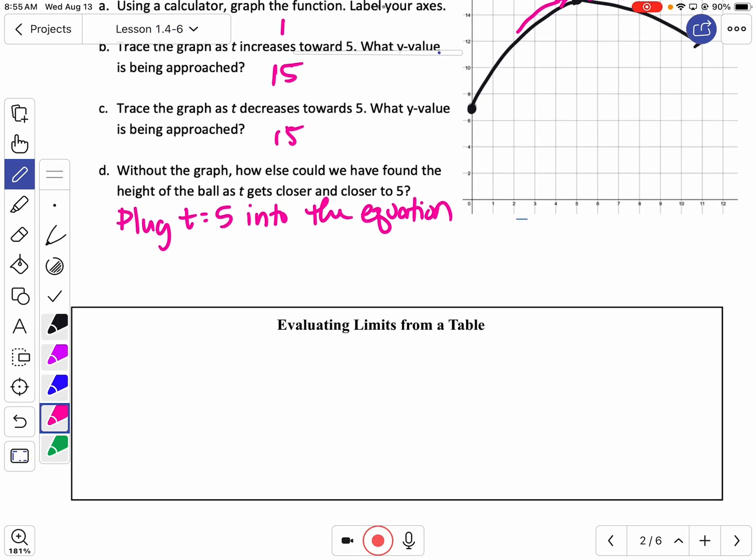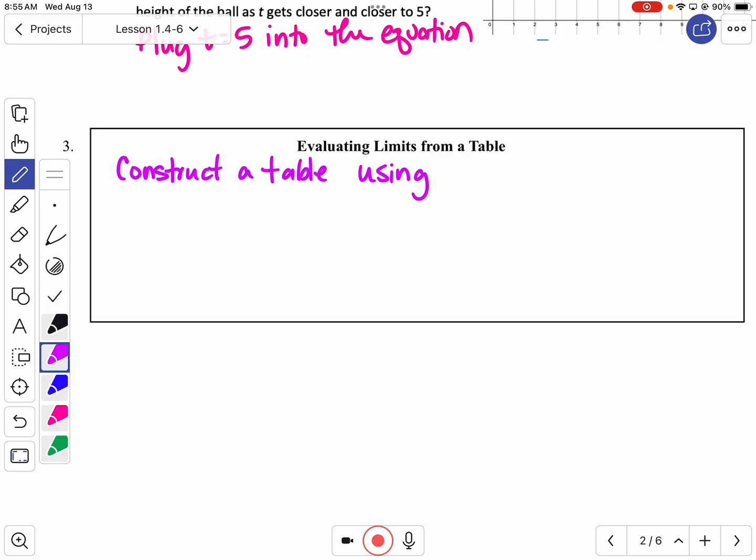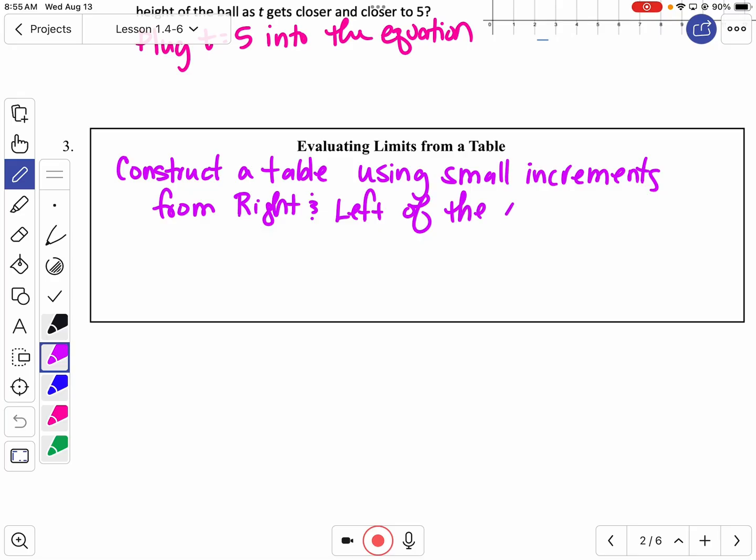So when we evaluate limits from a table, we're going to construct a table using small increments from the right and from the left of the x value we're approaching.